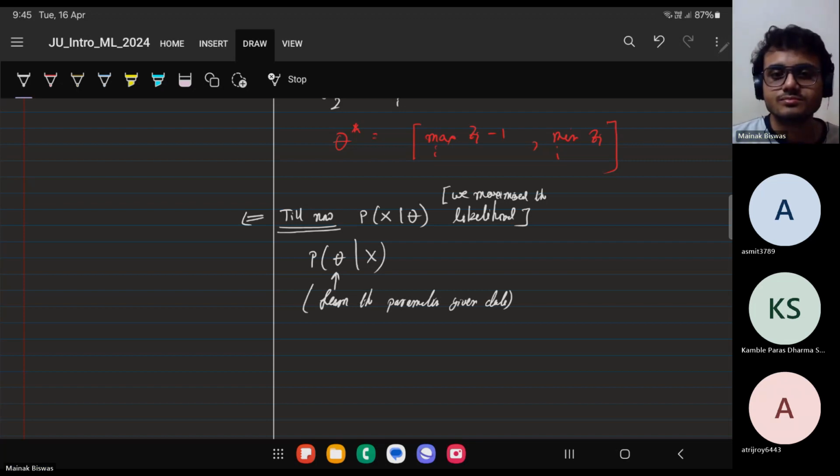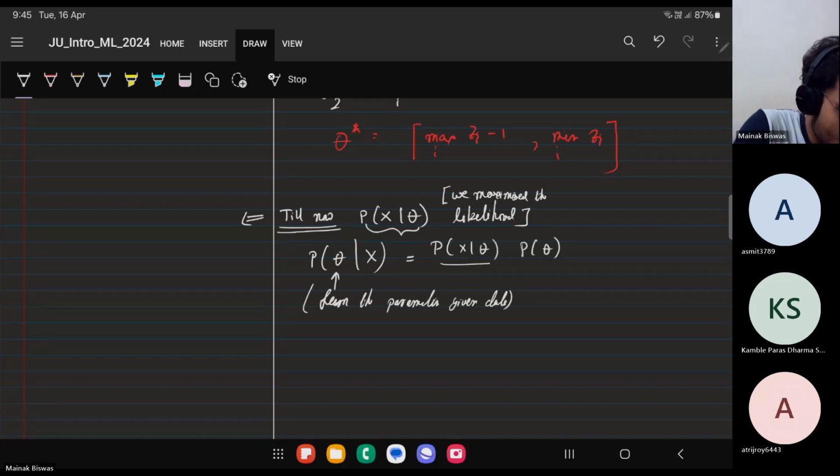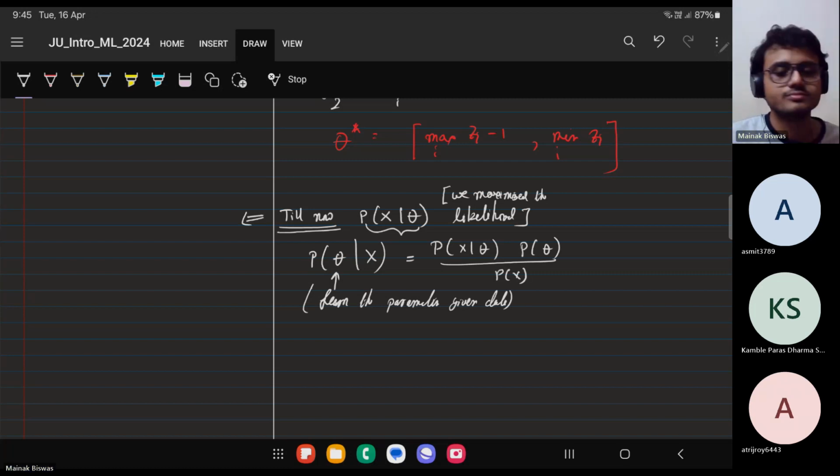But if you have to learn the parameters and you only know the likelihood, how will you do that? Yes or no? By Bayes rule?